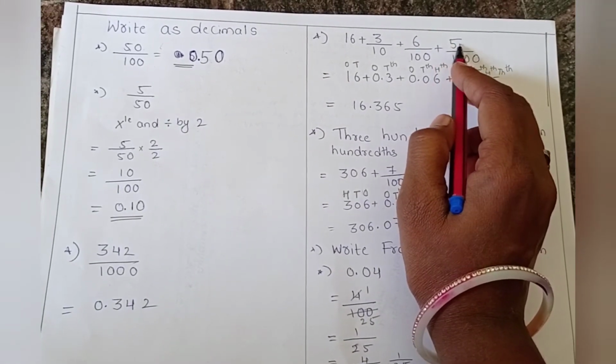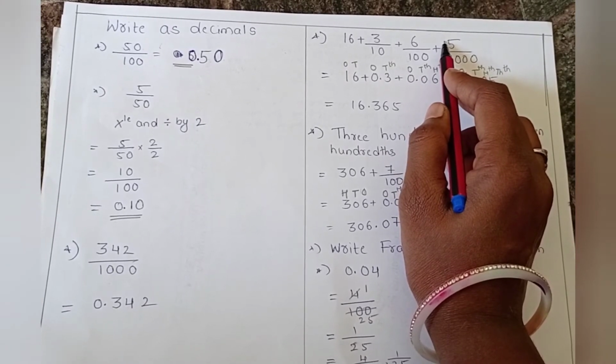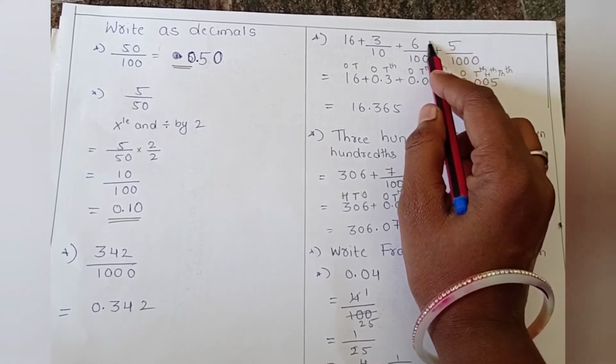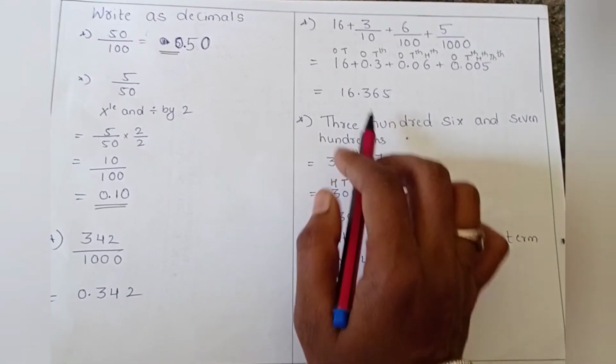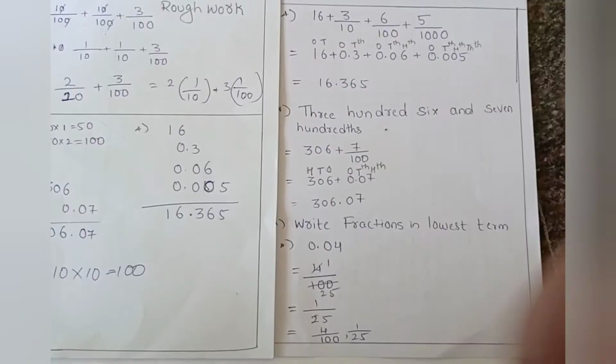Here I don't have three numbers, that's why before 5 I'll write two zeros, so that it will become three numbers. Okay, children. Now I'll add all these numbers in a rough space.